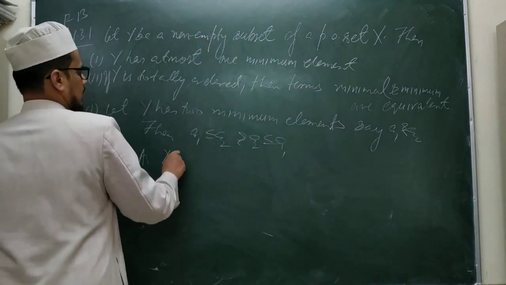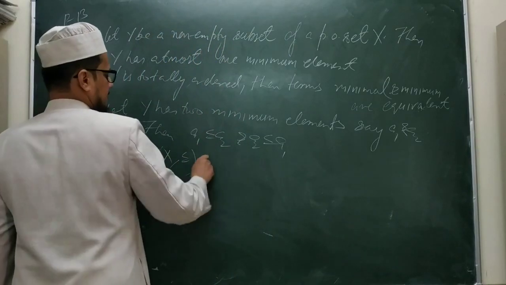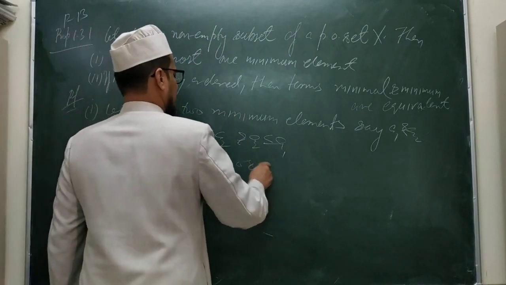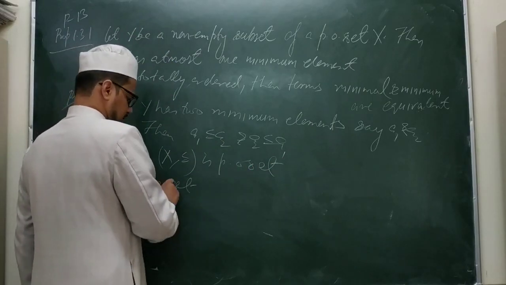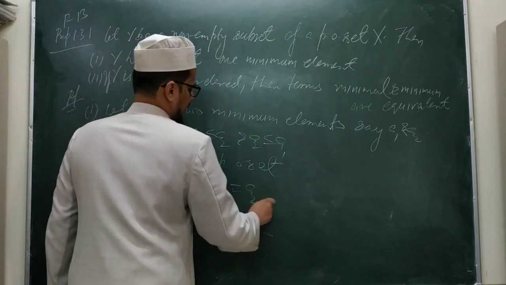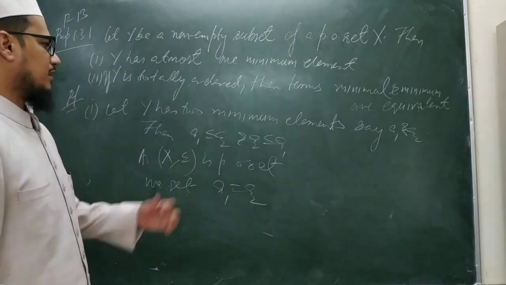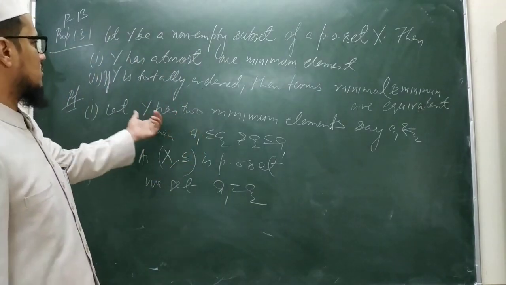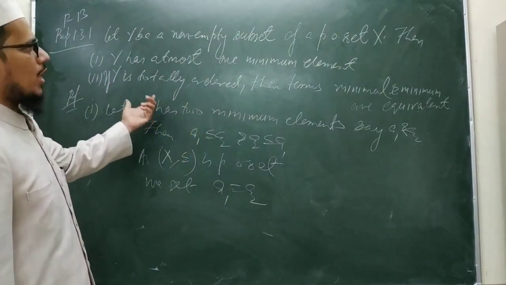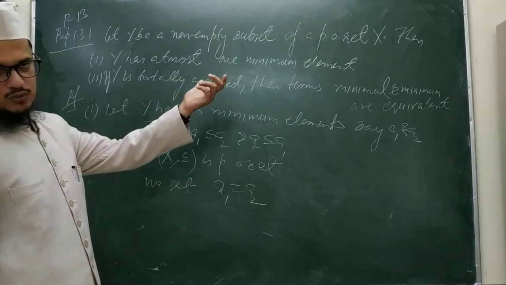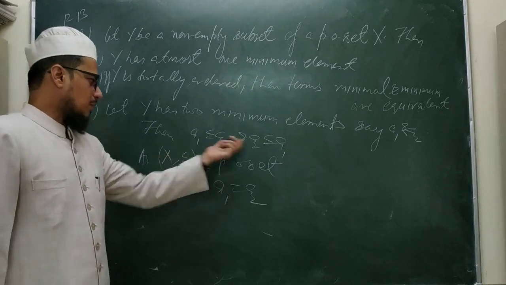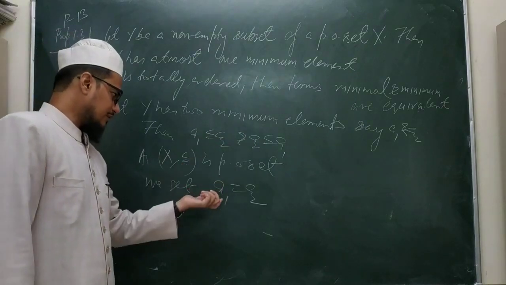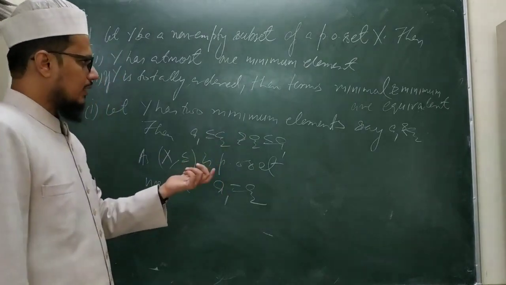As X is a partial ordered set, we get A1 equals A2. Because A1, A2 are members of Y, and Y is a subset of a partial ordered set, of course it will be partial order. So due to the anti-symmetric property, A1 less than or equal to A2 and A2 less than or equal to A1, we get A1 equal to A2. Correct?